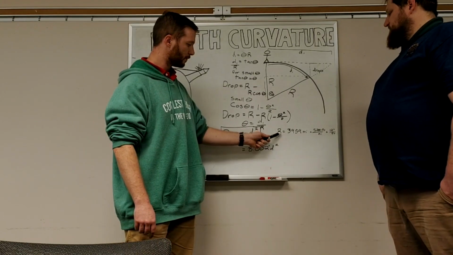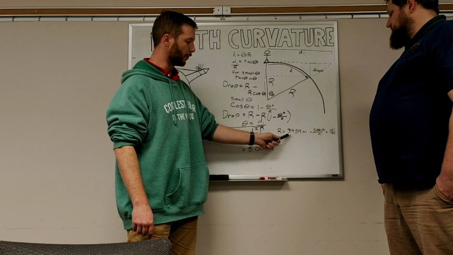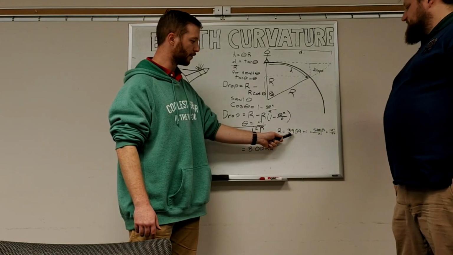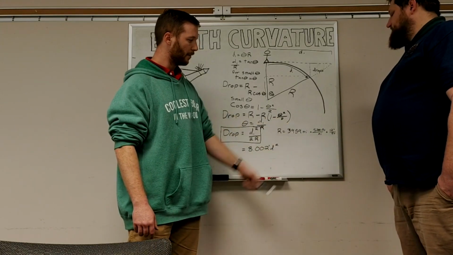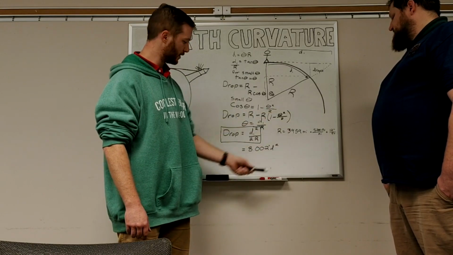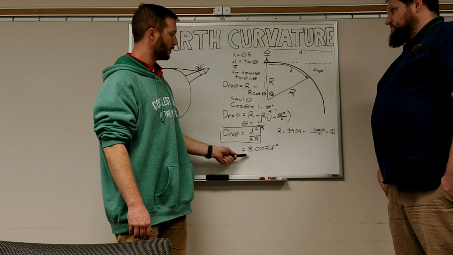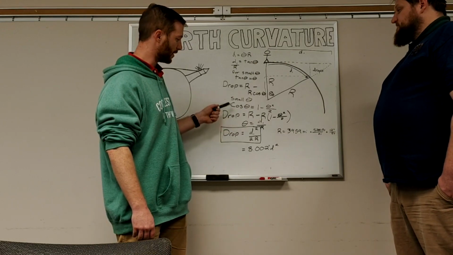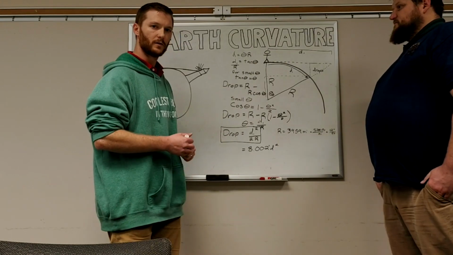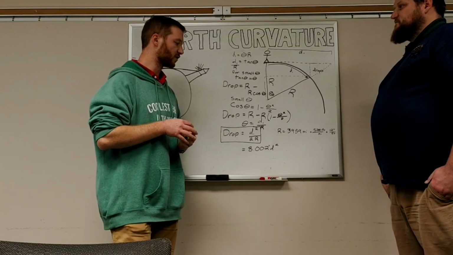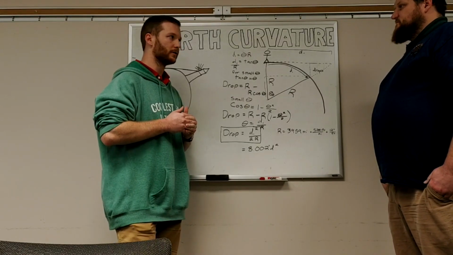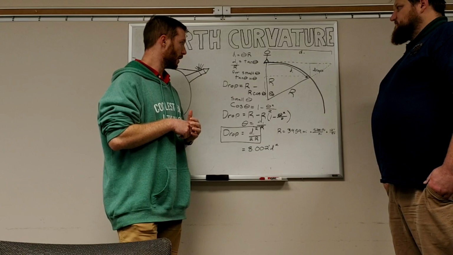And then the radius of the Earth being on average 3959 miles, converting that into inches, you get your 8 inches per mile squared. So again, this is an approximation because we're using 2 small angle approximations for trigonometric functions.